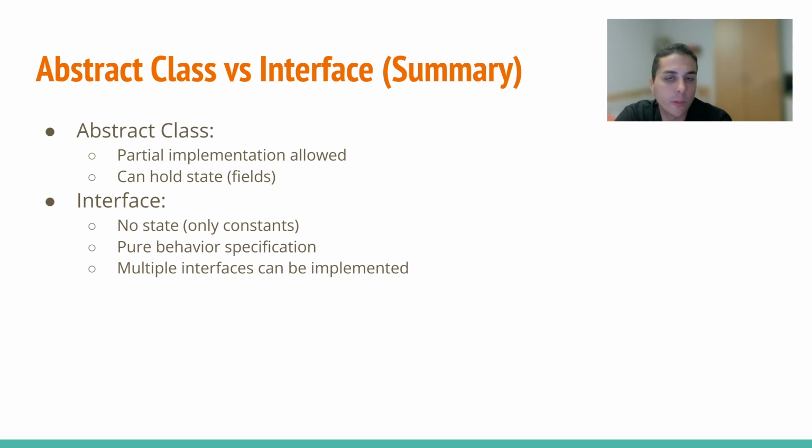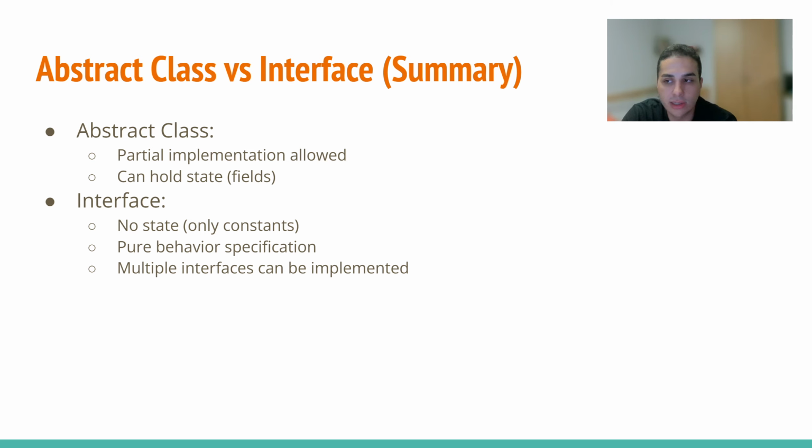But now with default methods, interfaces can have some implementations, but they still can't hold state like instance variables. The exam might simply ask to describe what an interface is and give an example, which we already did. Just focus on the fact that all methods in an interface are abstract. Classes implement interfaces, and multiple interfaces can be implemented by one class.